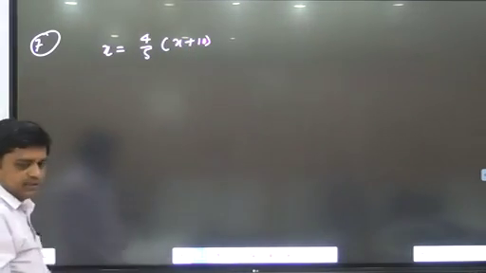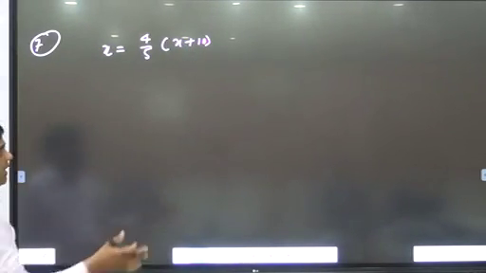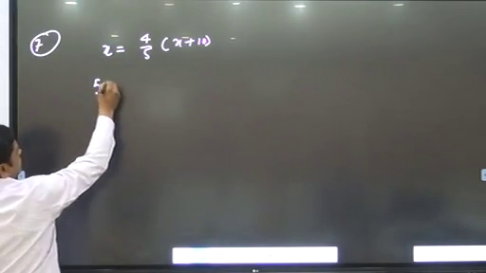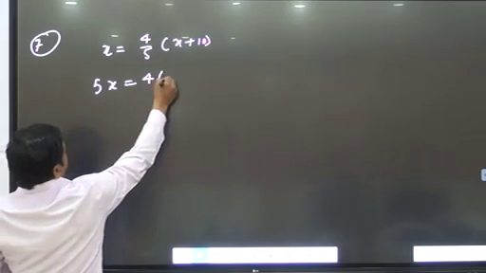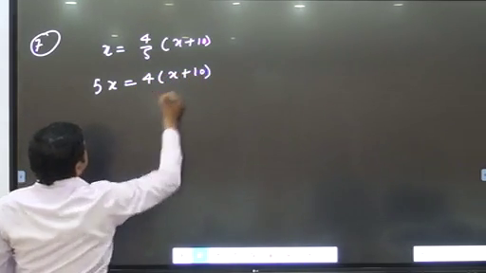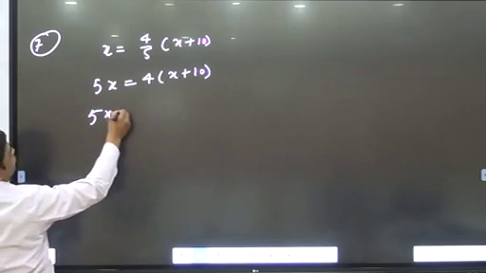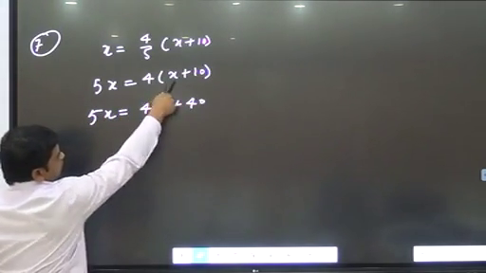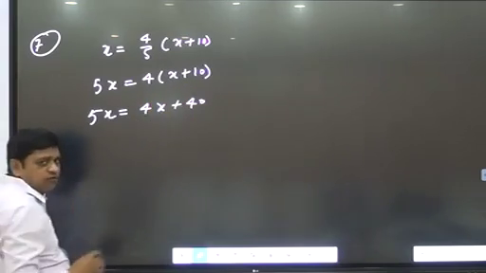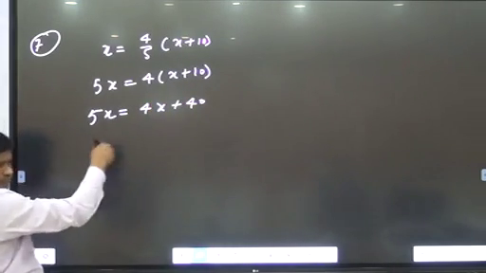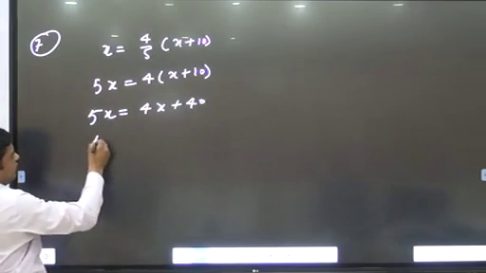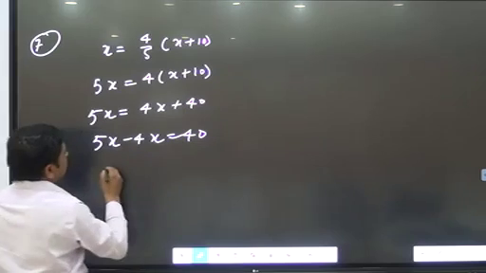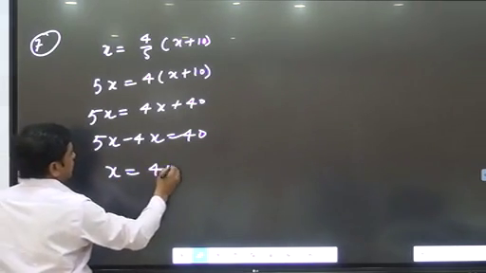Students, first we cross multiply and convert into a proper equation. 5 goes to the left, 5x is equal to 4 into x plus 10. So 5x is equal to 4x plus 40. 4 into x, 4x and 4 into 10, 40. So transfer right to left. 5x minus 4x is equal to 40 and finally x is equal to 40.